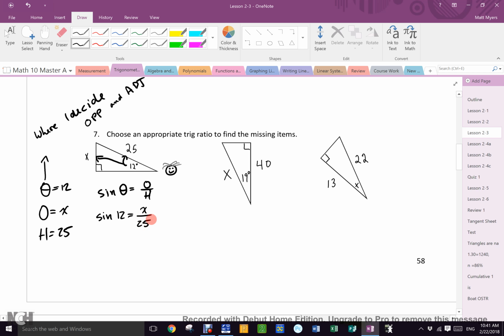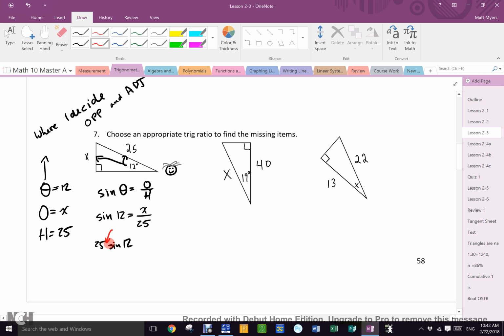25. Now, when it was tan, we did 25 times tan 12. What are we going to do this time? Sin 12. We're going to do the same work, but we're going to hit a different button. 25 sine 12. What math do I need right there?